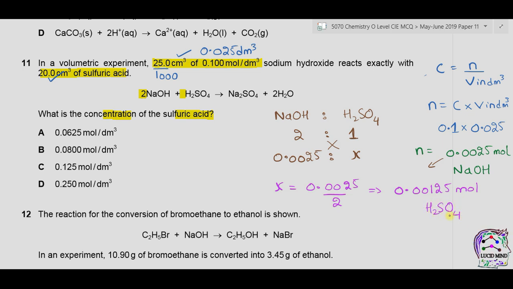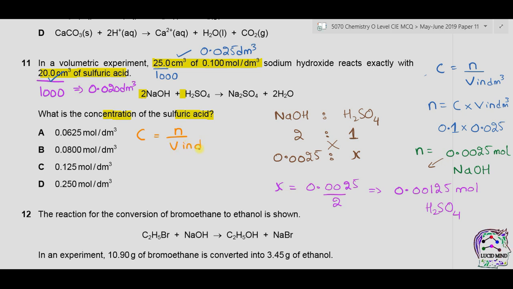Now finally we have the moles of sulfuric acid. We also have the volume in cm³, which can be converted into dm³ by dividing by 1000. So it comes equal to 0.020 dm³. Now again we can use the formula for concentration. Concentration is equal to number of moles divided by volume in dm³.